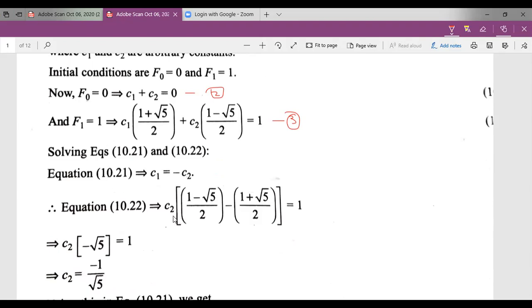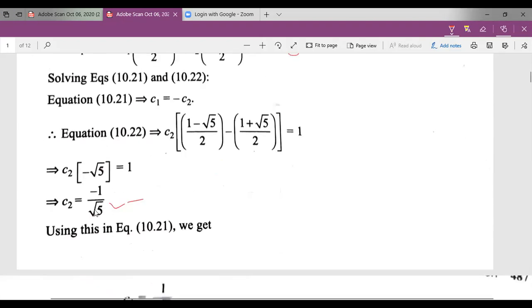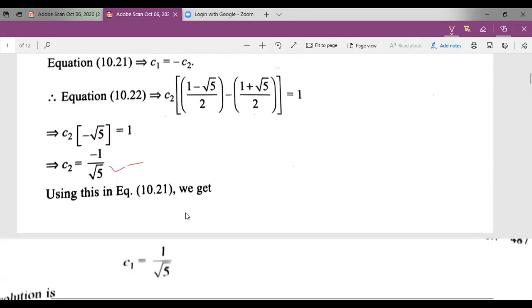From this, C2 is equal to minus 1 by root 5. We substitute this value and we get C1. So C2 is equal to minus 1 by root 5 and C1 is equal to 1 by root 5.